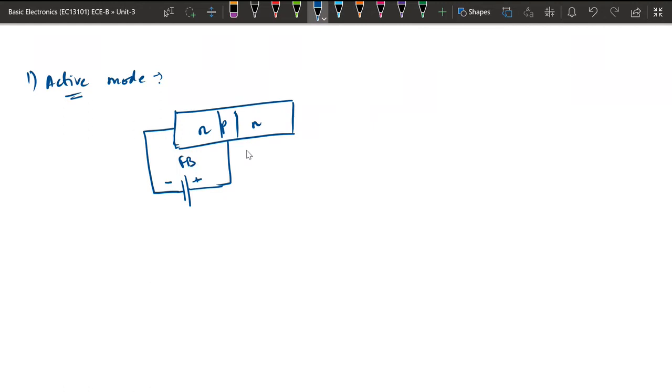Similarly, in this case the collector junction should be reverse bias. So the N region should be connected to positive, then it will be reverse bias. So this is the case of active mode.